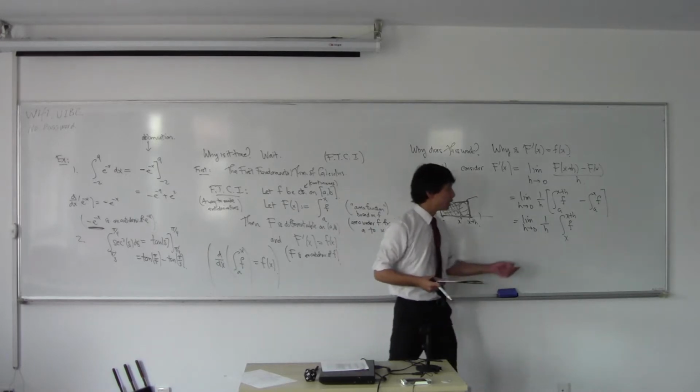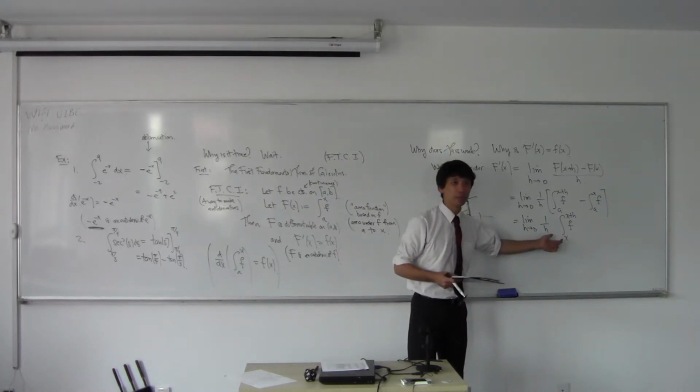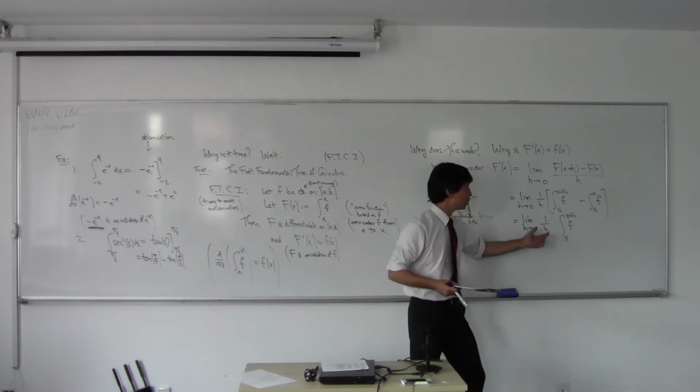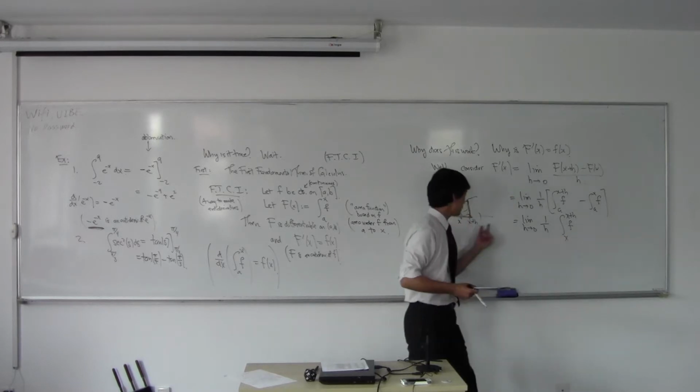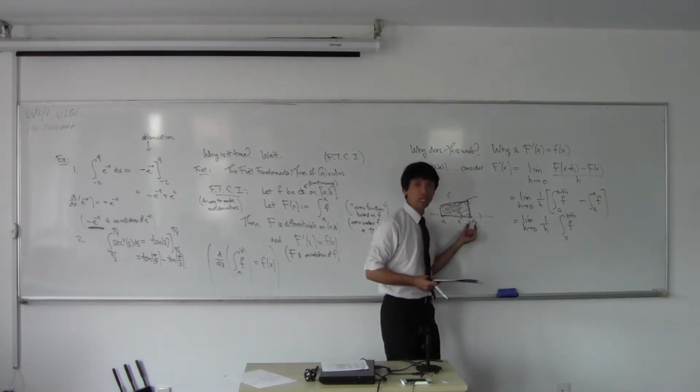Is that all right? Everyone okay? Any questions? Okay, so now let's think about this thing. You're taking the area from x to x plus h, and you're dividing by h.